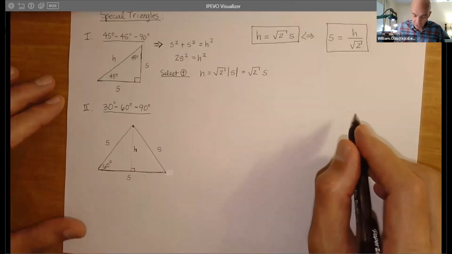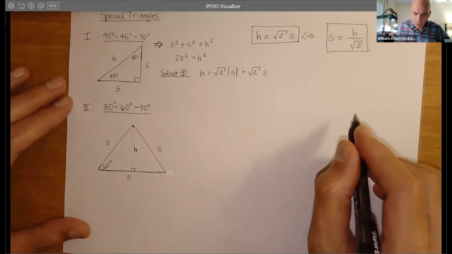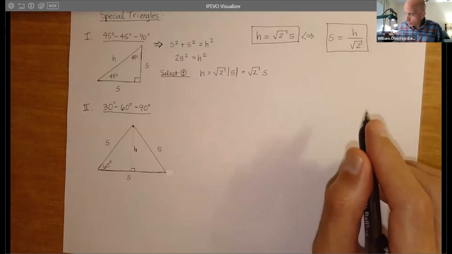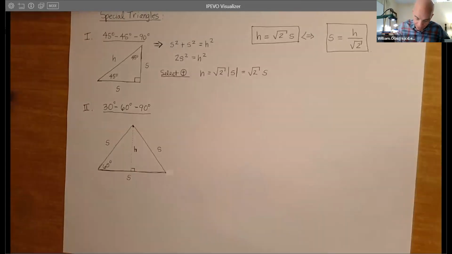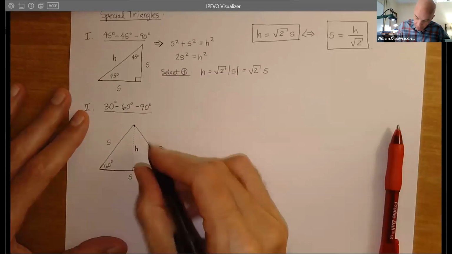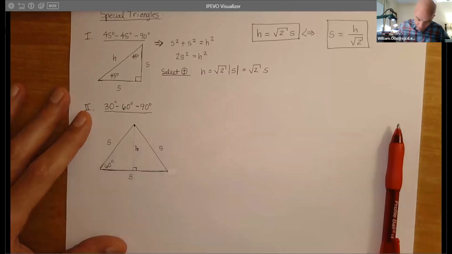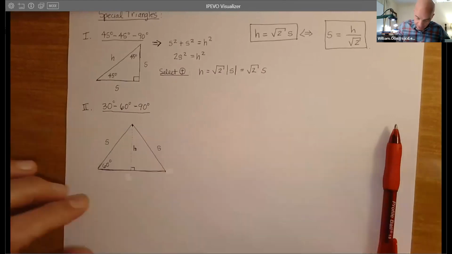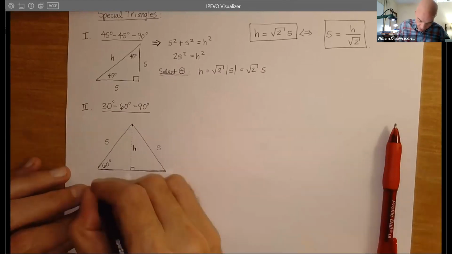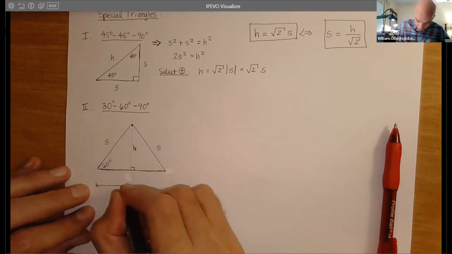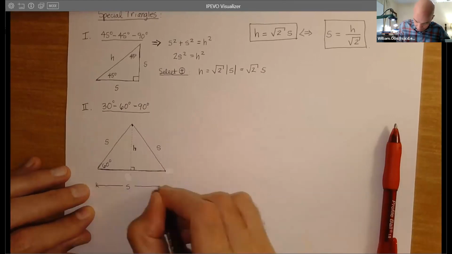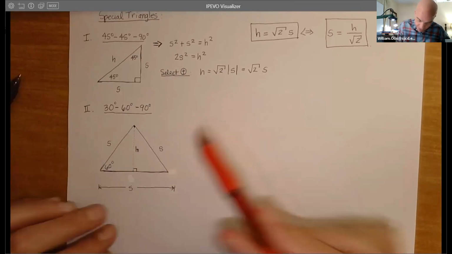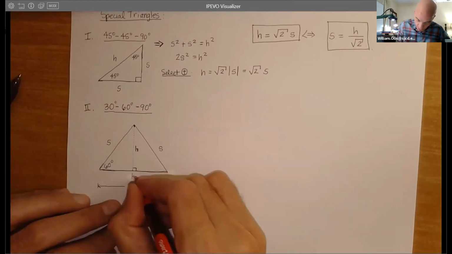And so now we're thinking, well, what are we doing here? Well, first, when we drop the perpendicular bisector, this has length S. But then, of course, if we drop the perpendicular bisector, this length here is just S over 2.